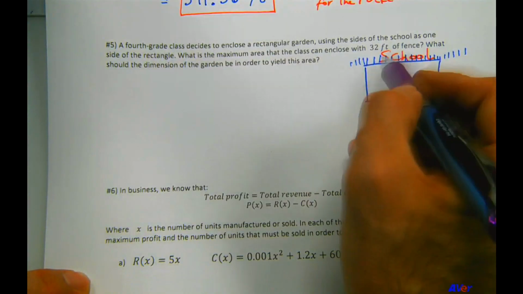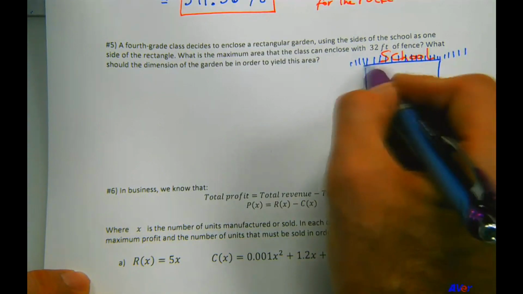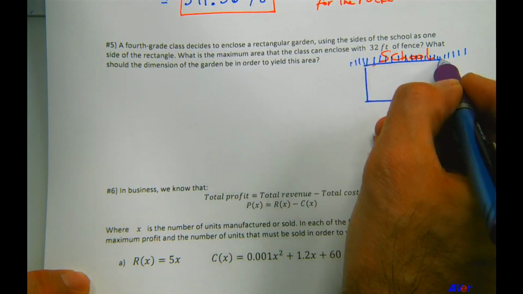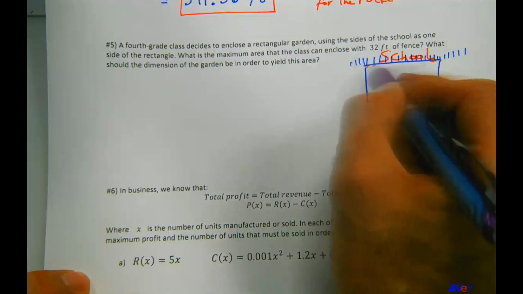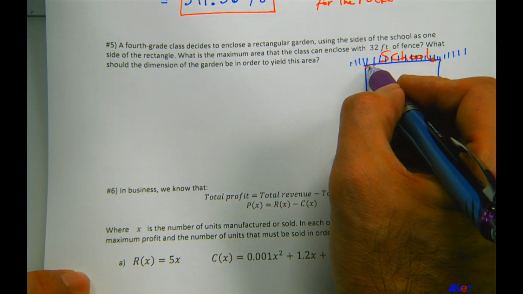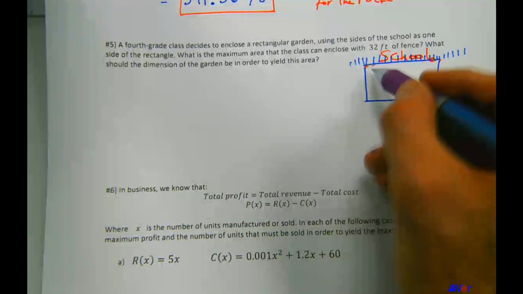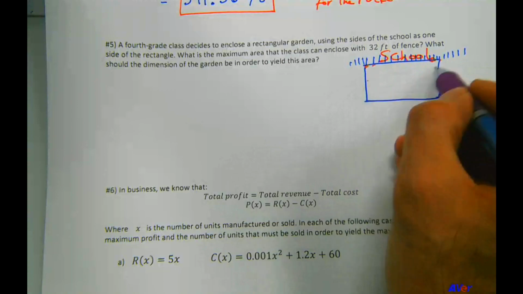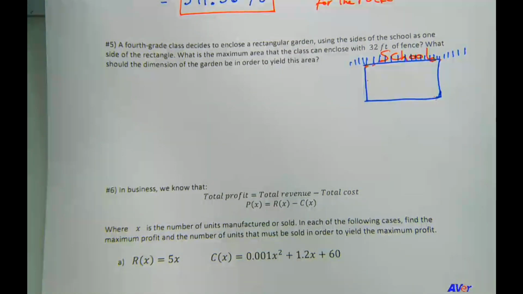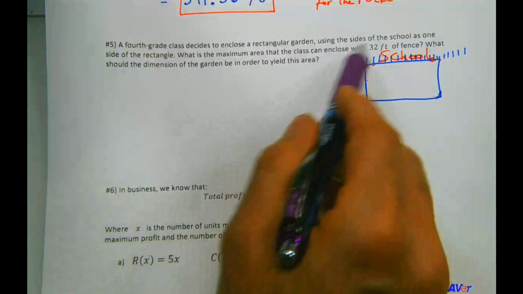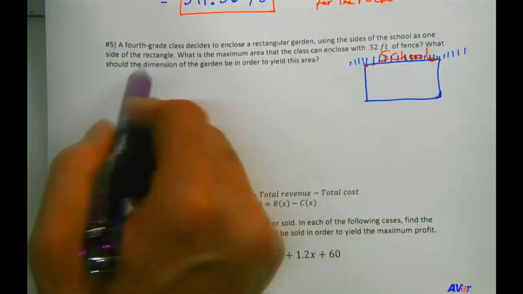If the school wall is on one side, then there is no fencing needed for that portion, right? Because the school wall provides the fencing for that side of the garden. So this kind of garden then needs fencing on 3 sides: this side, and that side, and the other side.